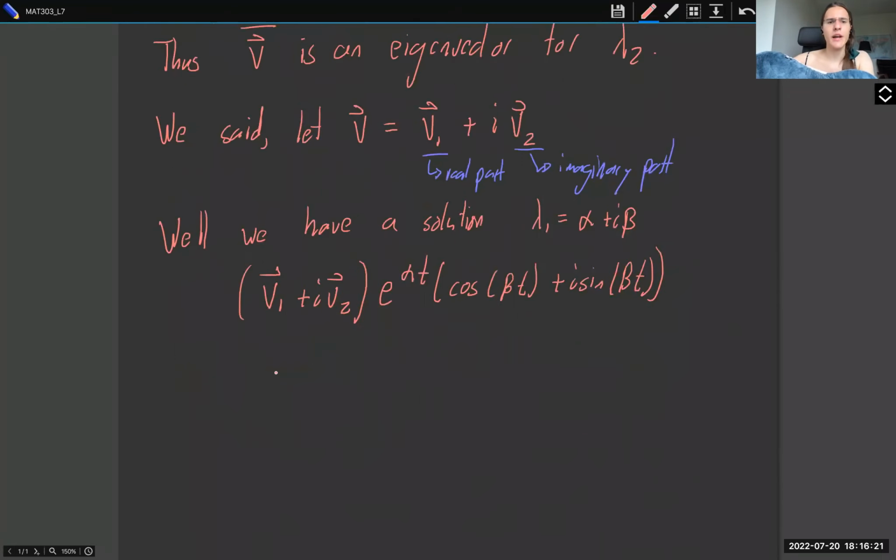And then if we rearrange that into its real and imaginary parts, let's keep the e to the alpha t out front: V1 cosine beta t minus V2 sine beta t, and then I'll put blue parentheses around this.